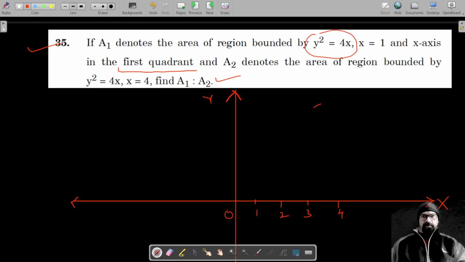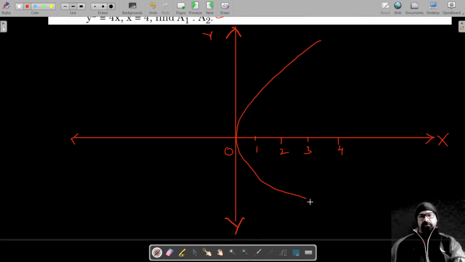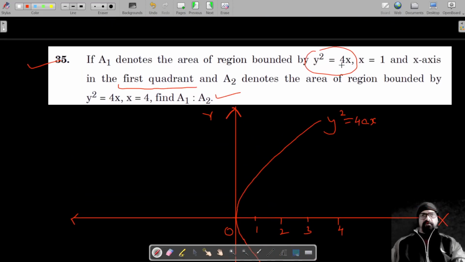So let this be the parabola y square is equal to 4x, and we will consider this parabola to be symmetric about x-axis. So this is y square is equal to 4ax, that is 4x, that is the equation of the parabola, and x is equal to 1 is a line drawn through coordinate 1 of x-axis and parallel to y-axis. So this is x is equal to 1.